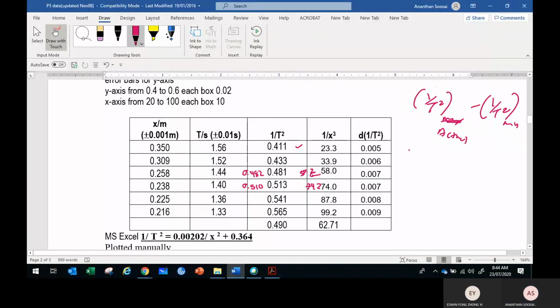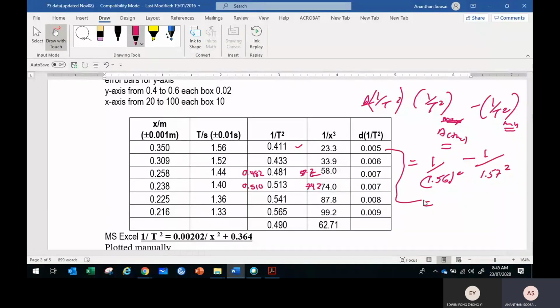So for the change of 1 over t squared, it is always actual minus minimum. You can also go actual minus maximum. For the first case, actual means 1 over actual t squared, where actual t is 1.56, so 1 over 1.56 squared, minus 1 over the extreme value, which here should be 1.57. Then you should get this value.